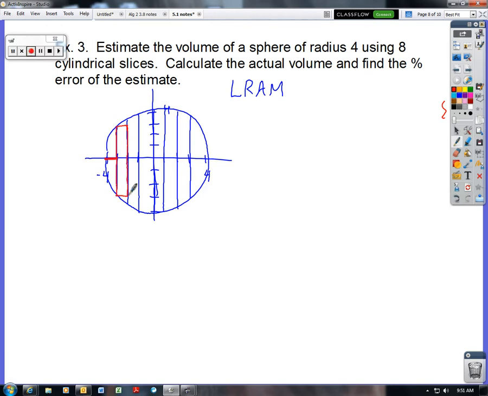Imagine that as a cylinder, because think of this circle being revolved around the x-axis, and this is like dumbbells. And then this one's going to be here. And I'm doing LRAM. Now I'm using the red circle.